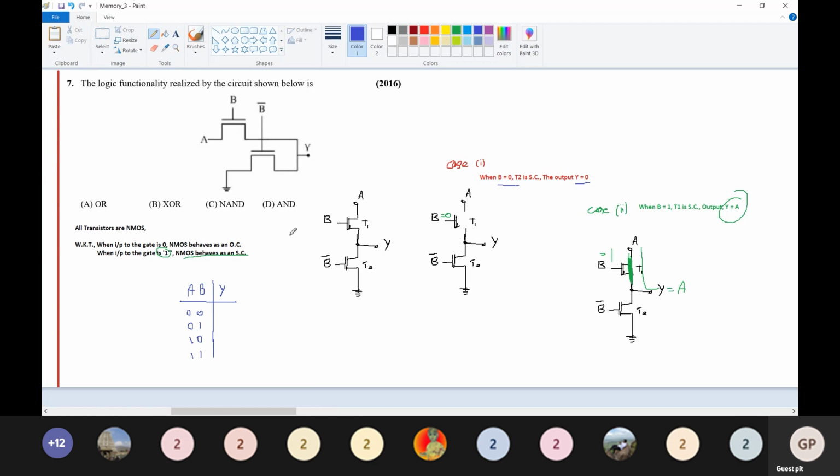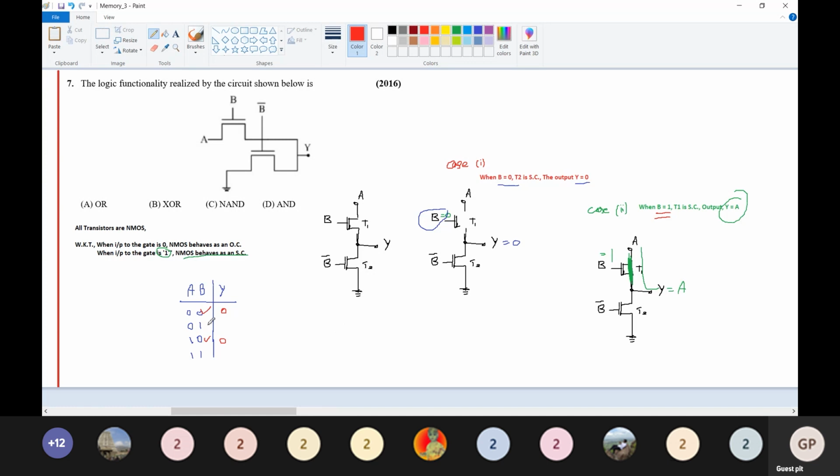When B is equal to 0, also since it's open circuit, you don't have any output. So Y is equal to 0.